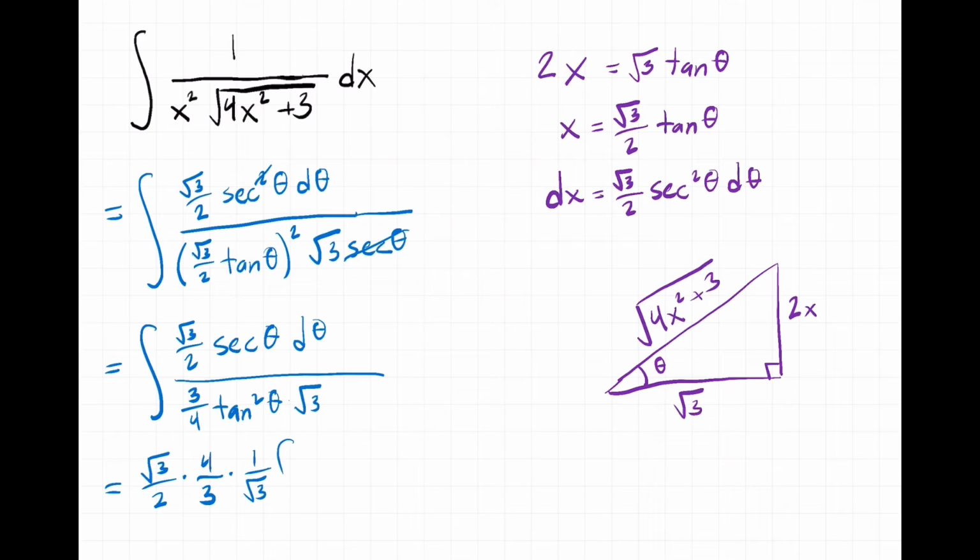And then we have the integral of secant theta d theta divided by tangent squared of theta. And let's just try and simplify our coefficients here. We're multiplying by root 3 on the top. We also have a root 3 on the bottom. They cancel out. That 2 and the 4 can cancel out. We're left with a 2 on the top. So our actual coefficient in front of that integral is 2/3.